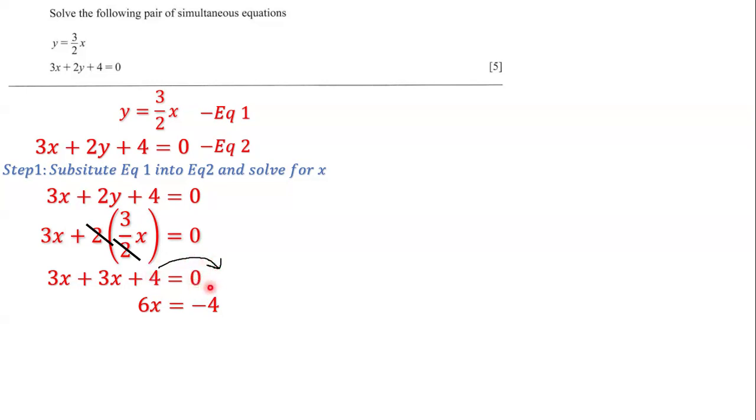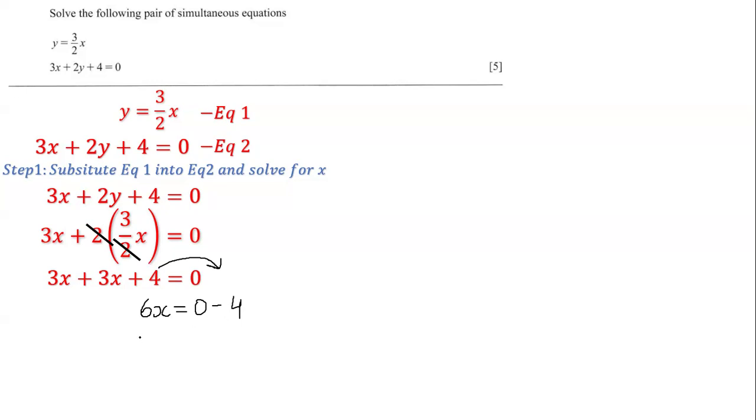Let me show you. We have 3x plus 3x, which is 6x, and this is equal to, when we send the positive 4 over, 0 minus 4.